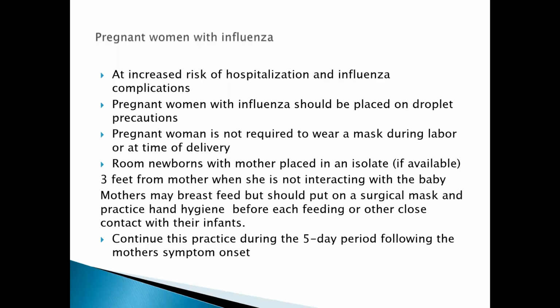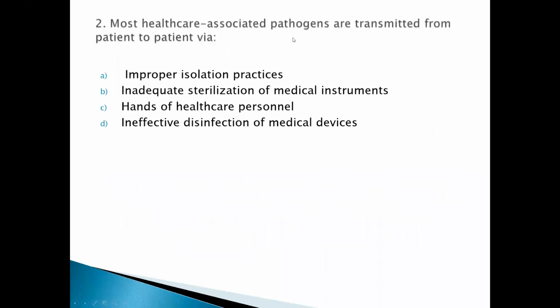And you just want to keep doing this during the 5-day period following the mother's symptom onset. Number 2, most healthcare-associated pathogens are transmitted from patient to patient via improper isolation practices, inadequate sterilization of medical instruments, hands of healthcare personnel, or lastly, ineffective disinfection of medical devices.